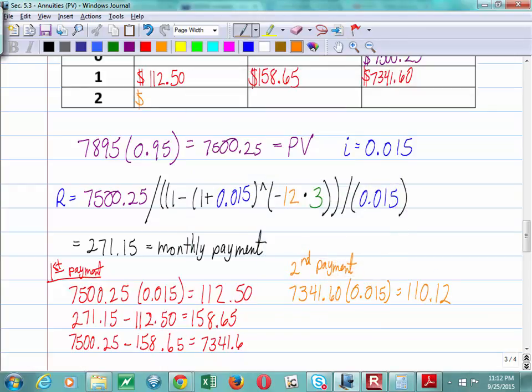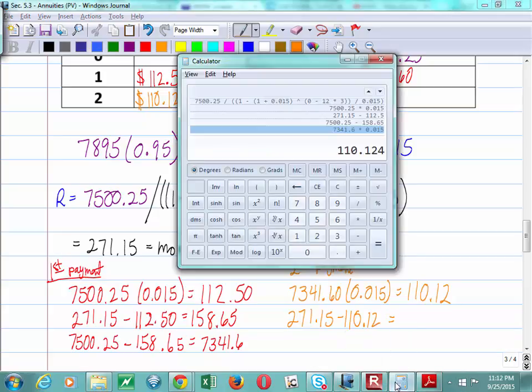That's the amount of interest coming out of our second payment. Then we take the total payment, which is still $271.15, subtract the interest, and that tells us how much we're putting on principal out of that payment. So 161.03.